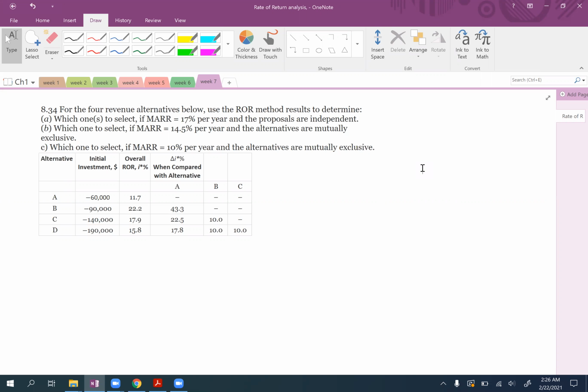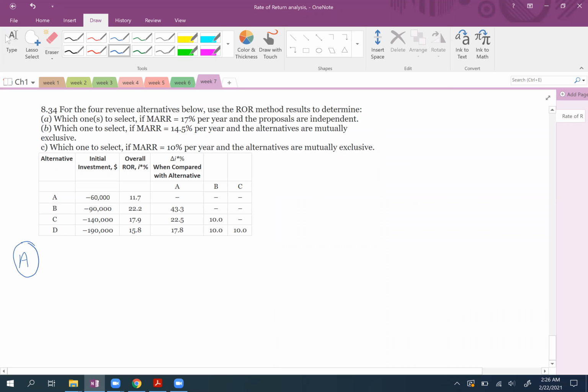So for this example, you have four alternatives and we want to use the rate of return method to determine, part A, which one to select if MAR is 17% and the proposals are independent. So part A is talking about the scenario that the projects are independent.